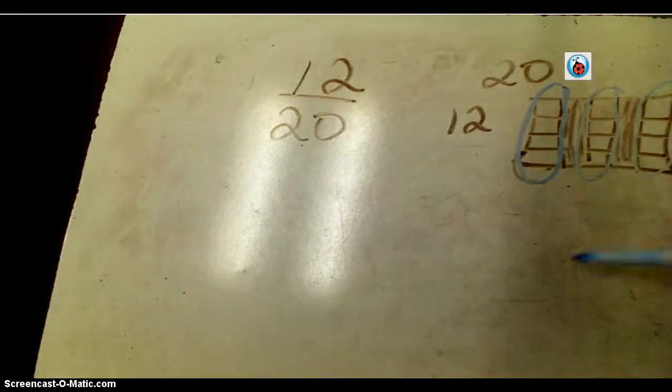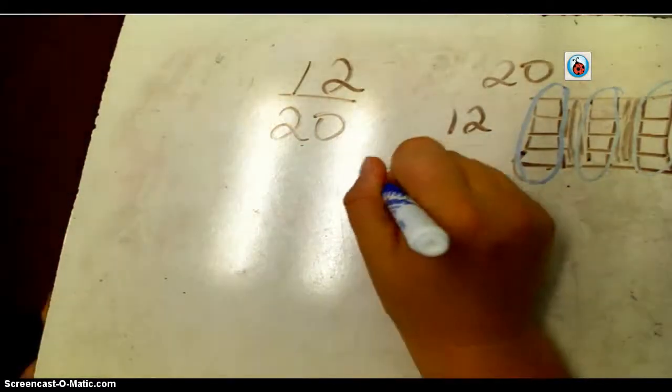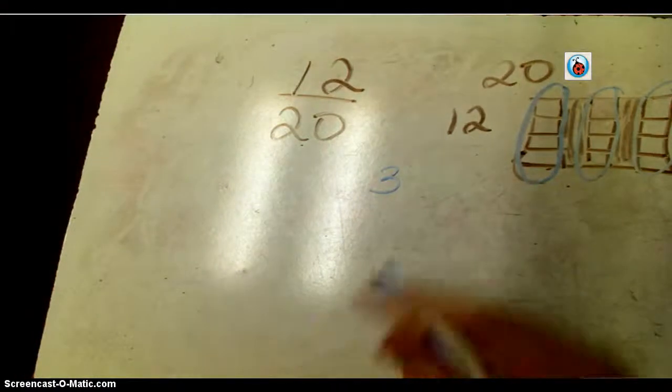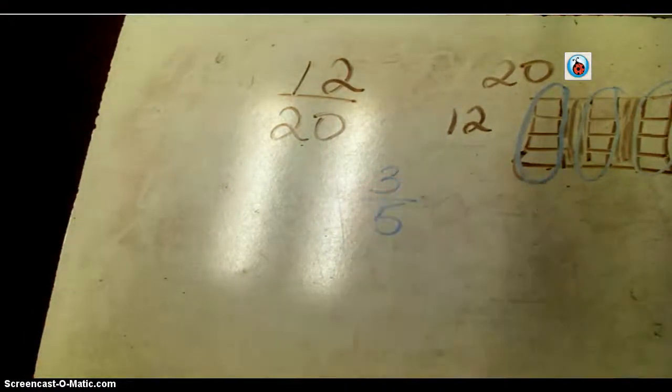There are how many columns that are yellow? 3. Out of how many total? 5. I can't find a good marker. We'll go back to this one.